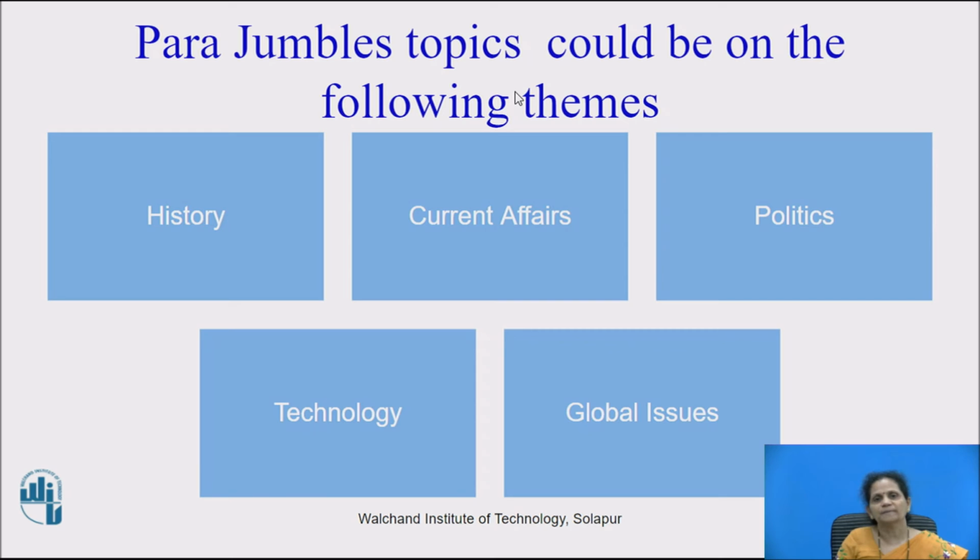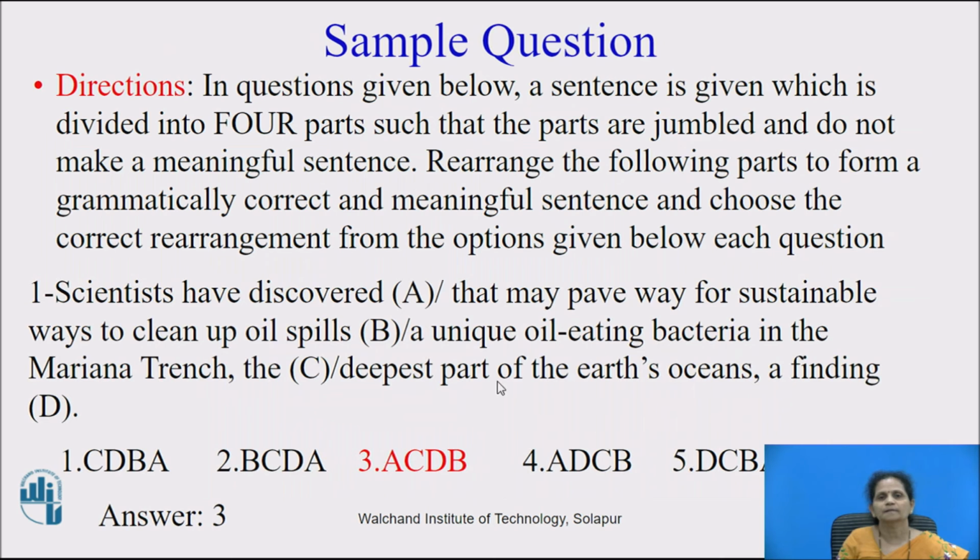So, para-jumble topics could be on the following themes. These topics will be from history or current affairs, politics, technology or global issues. This is the sample question, and the direction of the question is: in the questions given below, a sentence is given which is divided into 4 parts such that the parts are jumbled and do not make a meaningful sentence.